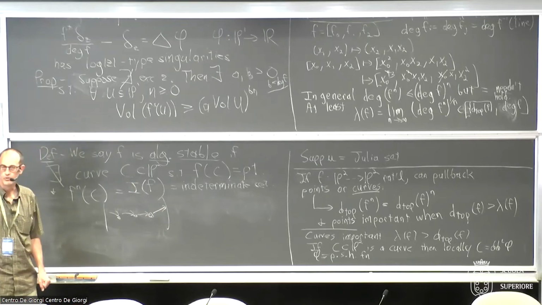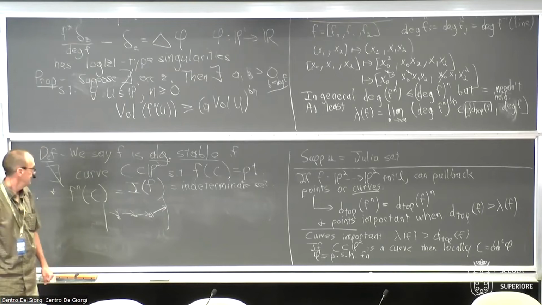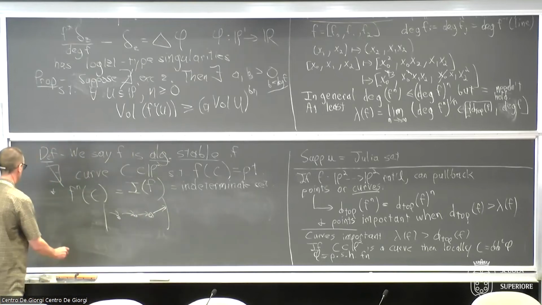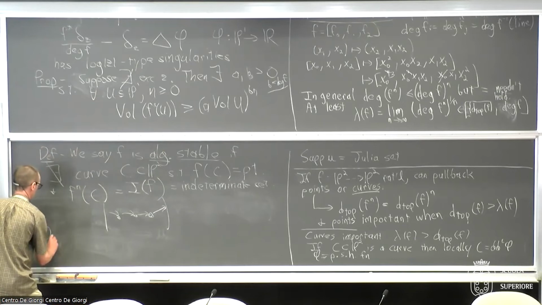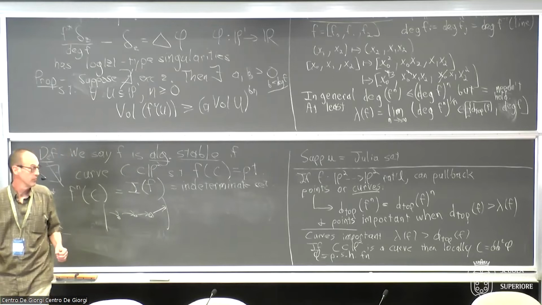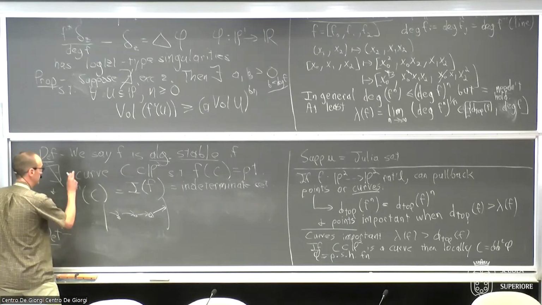So how to say the next result? I don't want to overdo this. As well, it can happen. It's easy to come up with, I just gave you an example of a map which is not algebraically stable. You can analyze it yourself, but we're going to generalize a little bit.